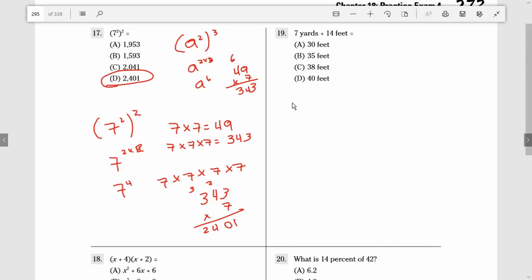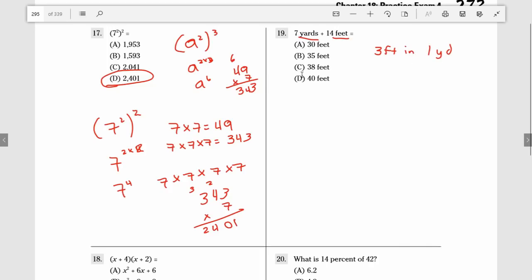Number 19, 7 yards plus 14 feet. These, of course, have different standards or measurements. So we've got to convert either feet to yards or yards to feet. Well, there are 3 feet in 1 yard.